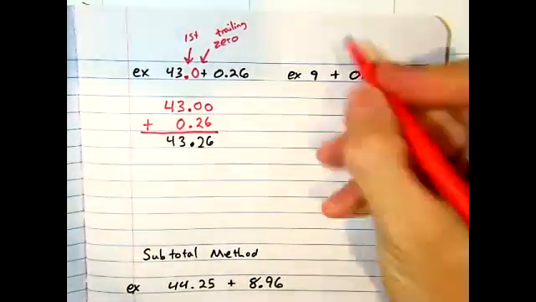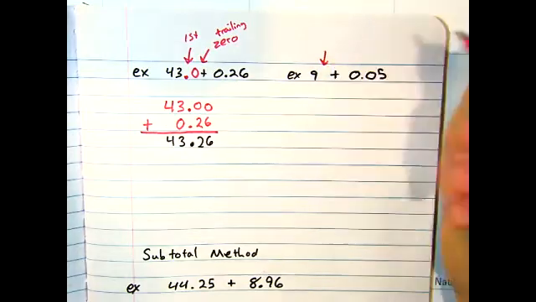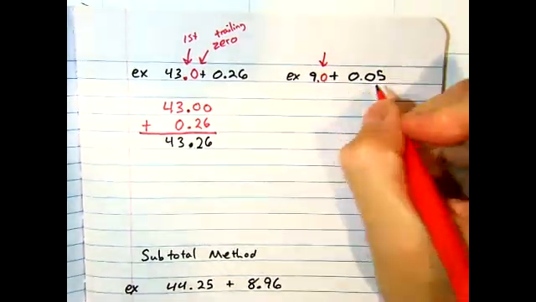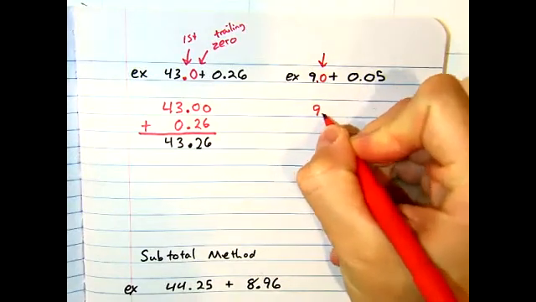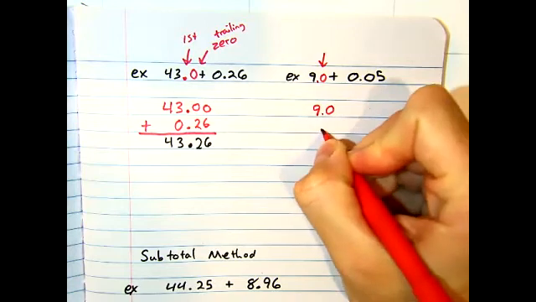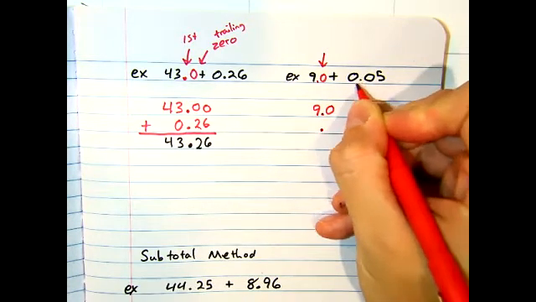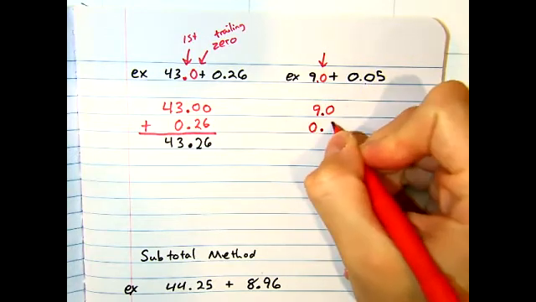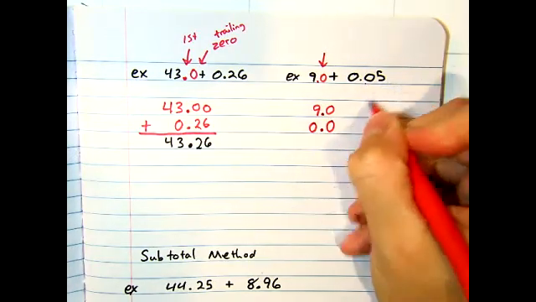And notice, what are we missing? We're missing that decimal point. So first, we need to put it in, put a trailing 0. Then we can rewrite our problem. 9.0 plus, where's that decimal? If I have the decimal here, I know I need a 0 on this side, a leading 0. I need a 0 behind the decimal.